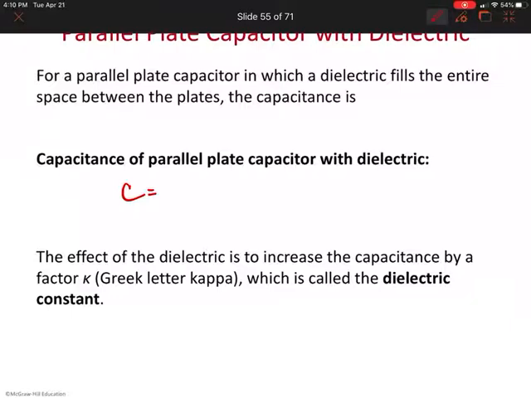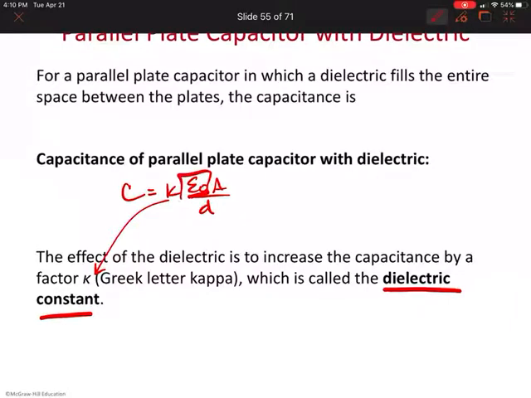Now you guys are going to get mad. I can already tell. It's this funky looking K right here, which is the Greek letter kappa, the symbol for the dielectric constant, not to be confused with Coulomb's constant.